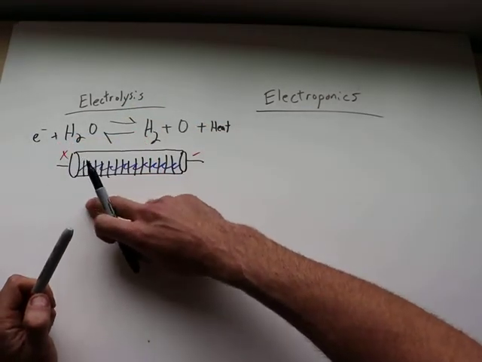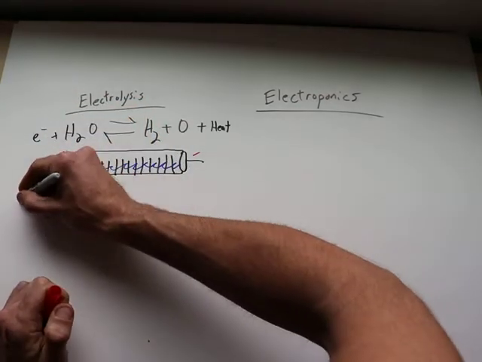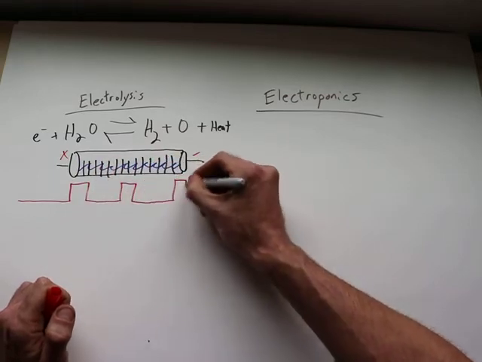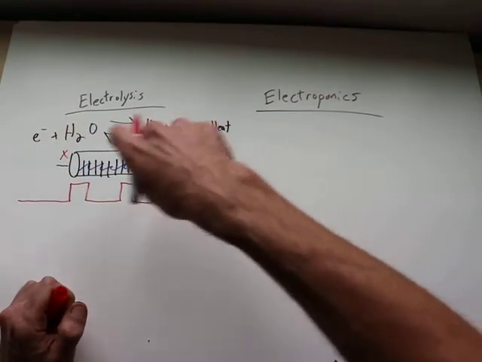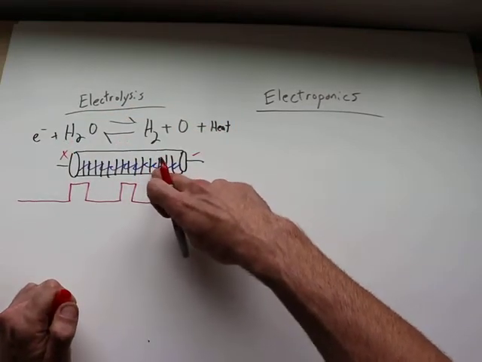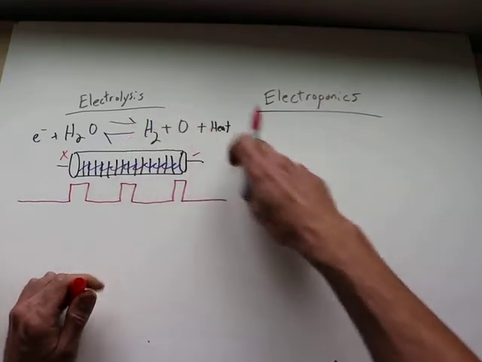For our electrolysis, we're going to be using a special type of DC power. We're going to be using a pulsed DC power. So it's not constant, there's pulses of electricity, little lightning bolts going across here. And what's that doing? It's liberating hydrogen and oxygen from the water.